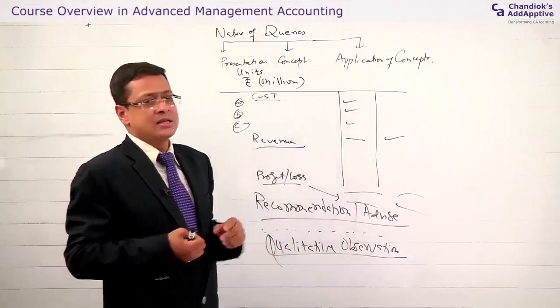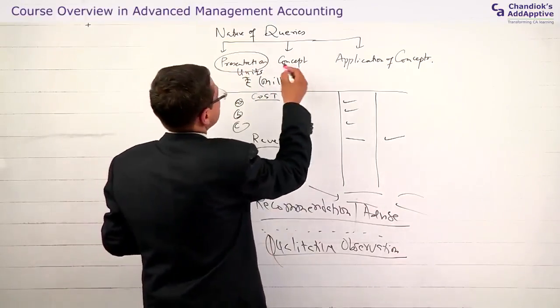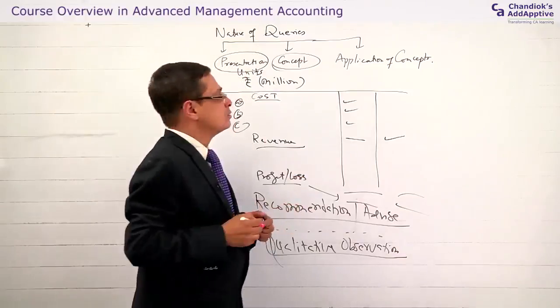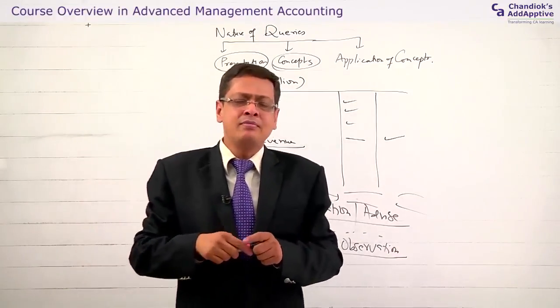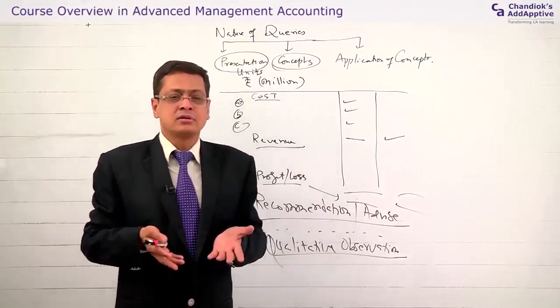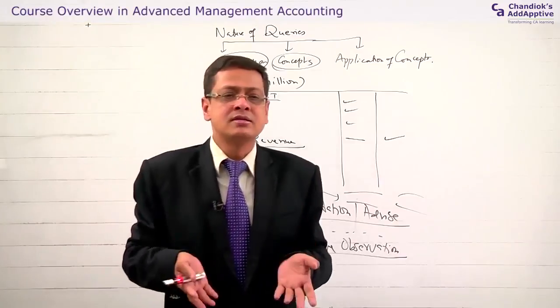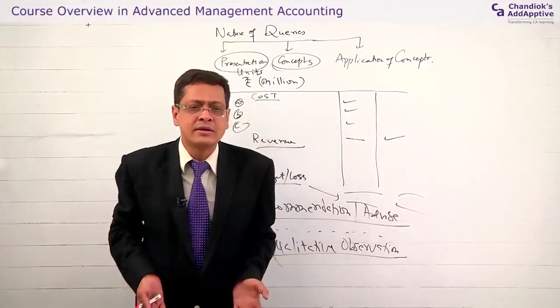About the concept, the second part, I am now talking. We have done presentation, now the concepts. The concepts are what you have developed over time or what you are developing as part of the new learning process. You already know marginal costing and CVP from IPCC days. You know what is budget, you know what is standard costing.